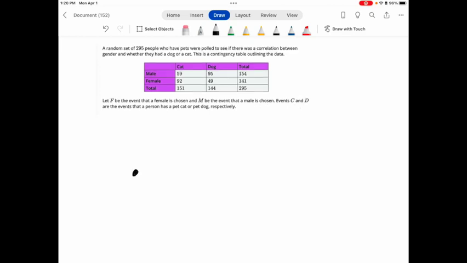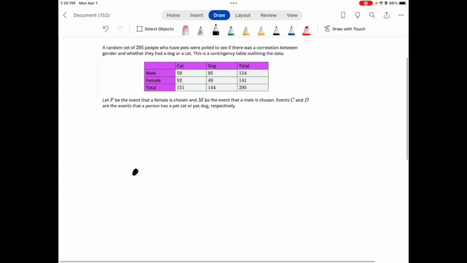When you make your tree diagram, you always want to, I call it the start button, but pretty much just make a dot of where you're going to start. Since we're looking at picking a male or female first, I'm going to label this branch as male and this branch as female. These branches are what I call the first layer.